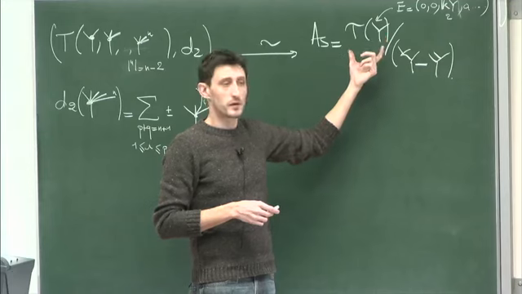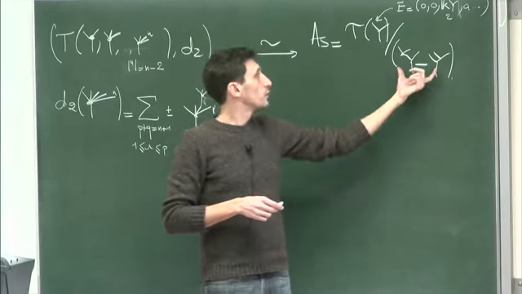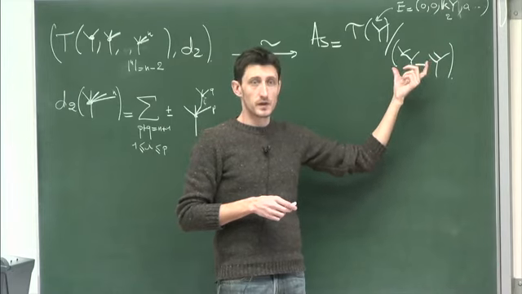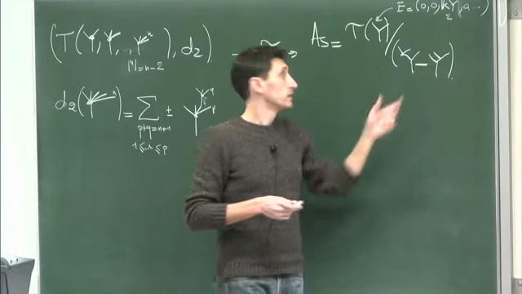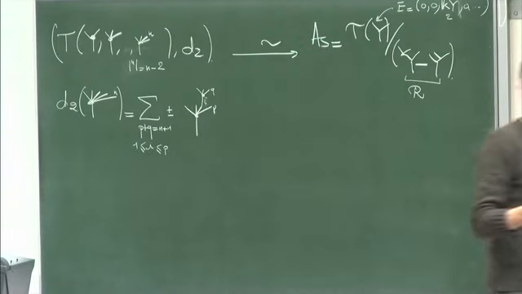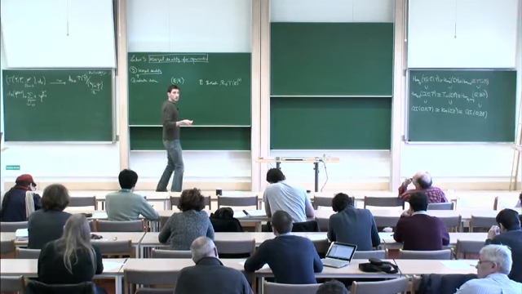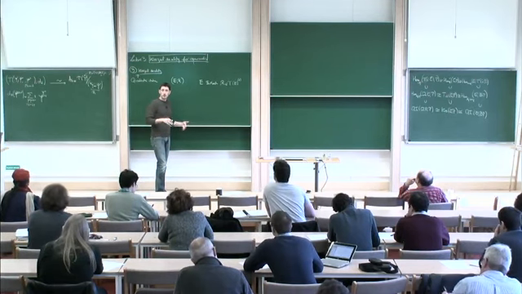And among planar binary trees, you have only 2 trees with 2 vertices. So this is the quadratic part of the free operad. And inside that, you consider just this one-dimensional piece. So this is R. Okay, so this is quadratic. Do you have any question? Quadratic here is the number of vertices.